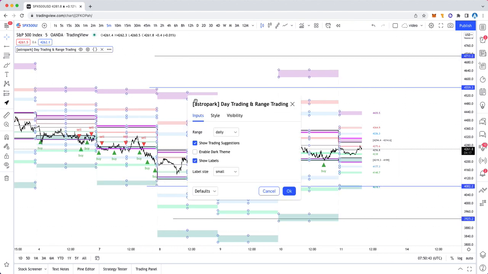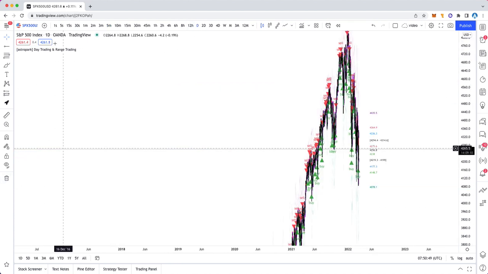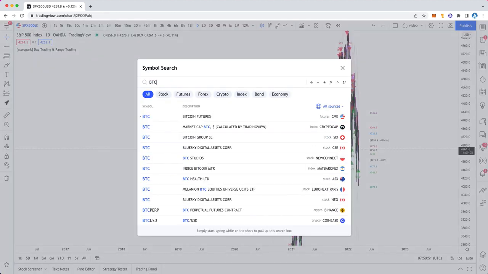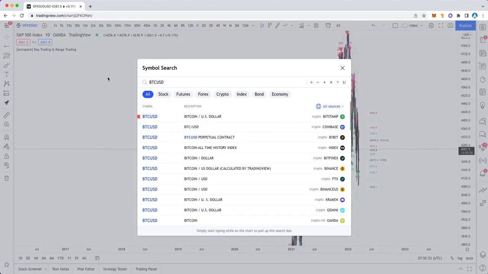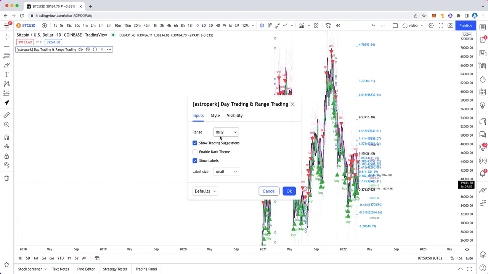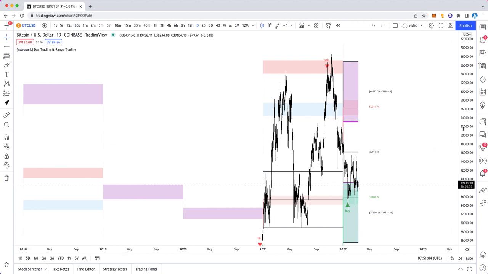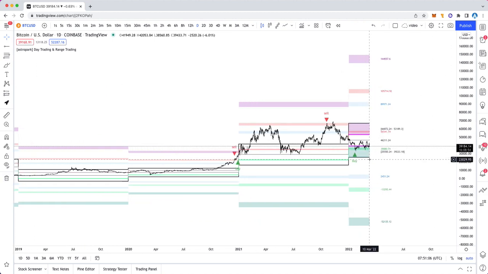I didn't show you the monthly, quarterly, and yearly, but if you are a swing trader, let's go for example to BTC, because this works on every ticker. Let's move for example to the yearly. Suppose you are a range trader, a swing trader.